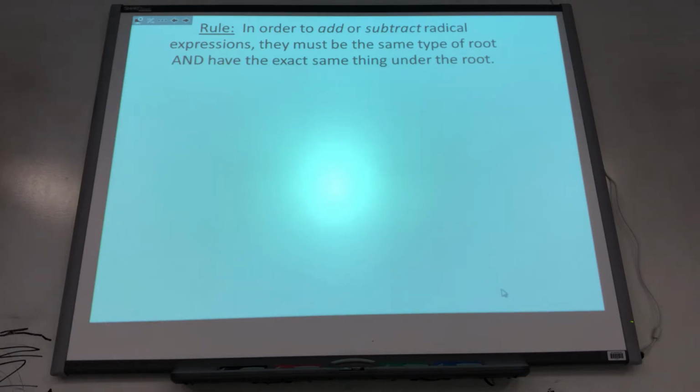It's like getting like terms. So exact same type of root, both square roots, both cube roots, whatever, but they also have to have the same thing under the root.